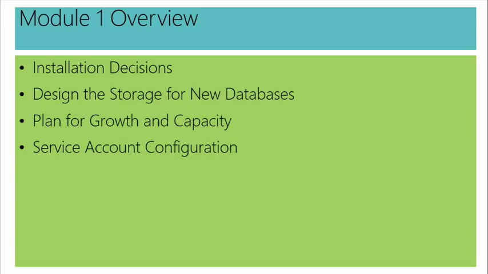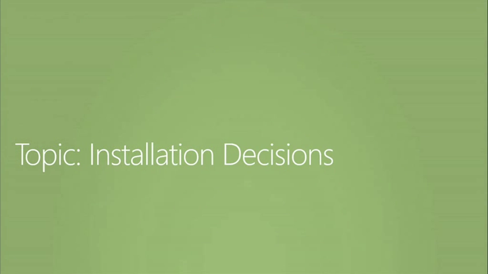There are certain particular errors that a DBA can make in relationship to growth, storage, etc. So we have to lay those out on the table as well. Always being security concerned and efficiency concerned, we want to scope the appropriate service accounts for running the SQL Server product. All right, so let's get into that first topic, installation decisions.